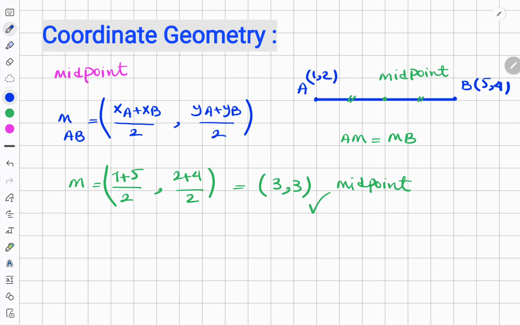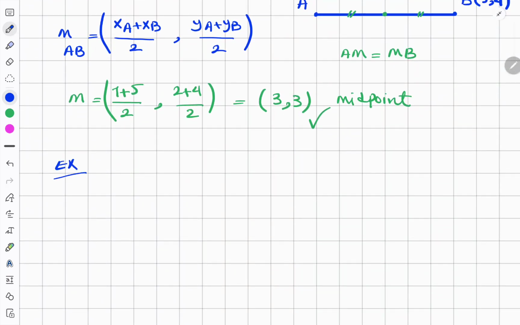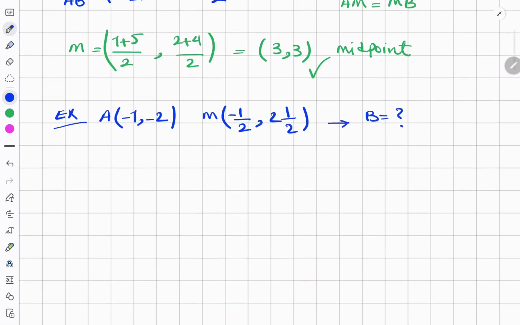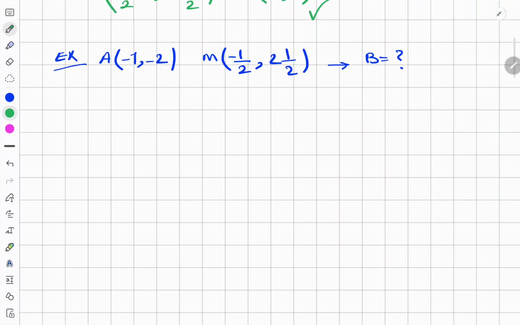So we can use this formula for finding the x and y coordinates of a midpoint. Okay. As another example, A is (-1, -2), M, the midpoint, has coordinates (-1/2, 2.5), and we are looking for the coordinates of B. Let's call this (x, y). So -1/2 is the average of -1 and x, so (-1 + x)/2.